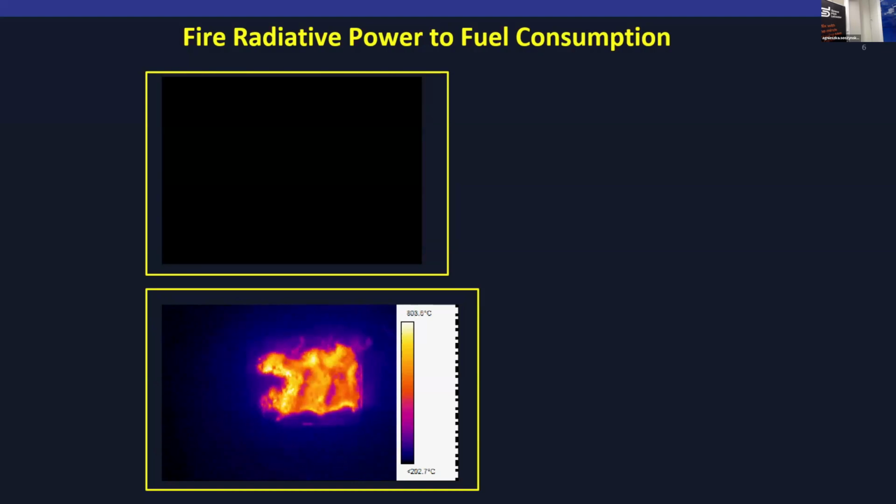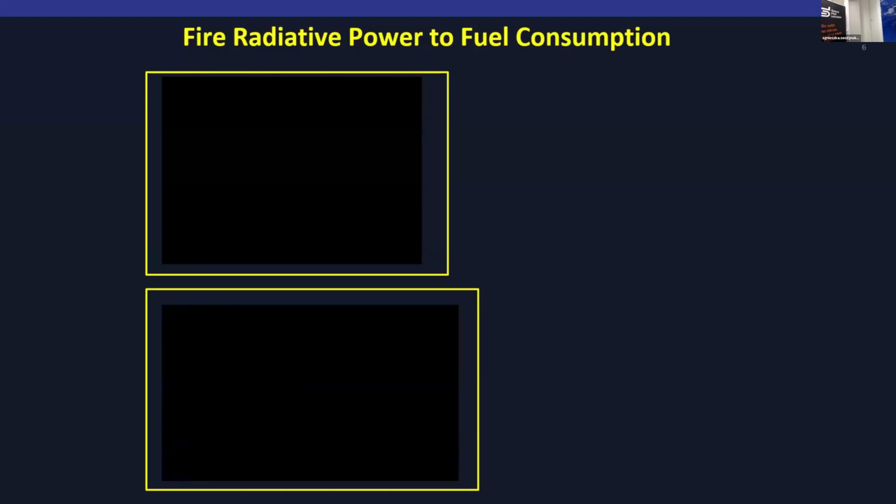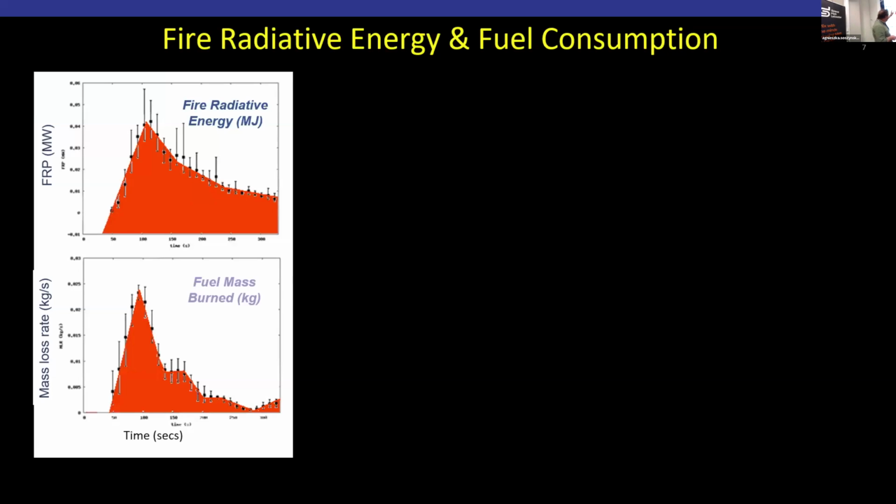There's lots of other instruments as well, spectrometers and stuff like that. And we burned different materials and we weighed the amount of stuff that was burned, and we measured the heat output with these thermal imaging cameras. These are super old, so it's quite funny I dug all these out. But basically, this is the amount of power in megawatts coming out of that fire over time. So you see here is when it's flaming, and then it starts to smolder and cool down.